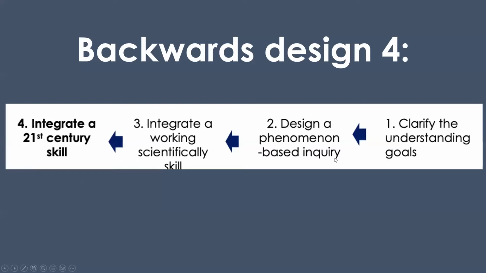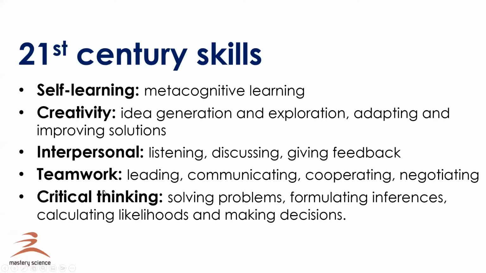So the final thing, we've got the working scientifically skill now. We need to think about integrating that 21st century skill. Here are some of the skills that we've identified that are important for students to think like scientists. We've grouped them into these groups: self-learning, creativity, interpersonal teamwork, critical thinking.